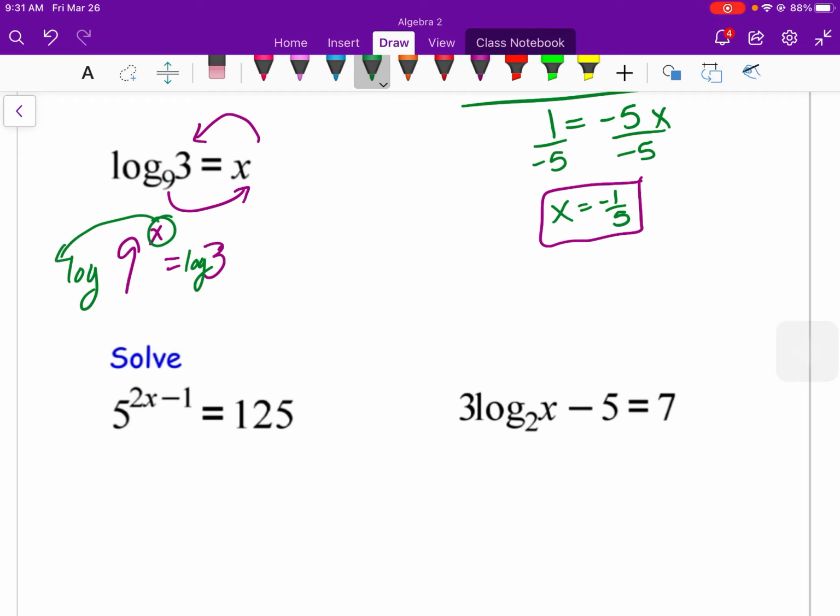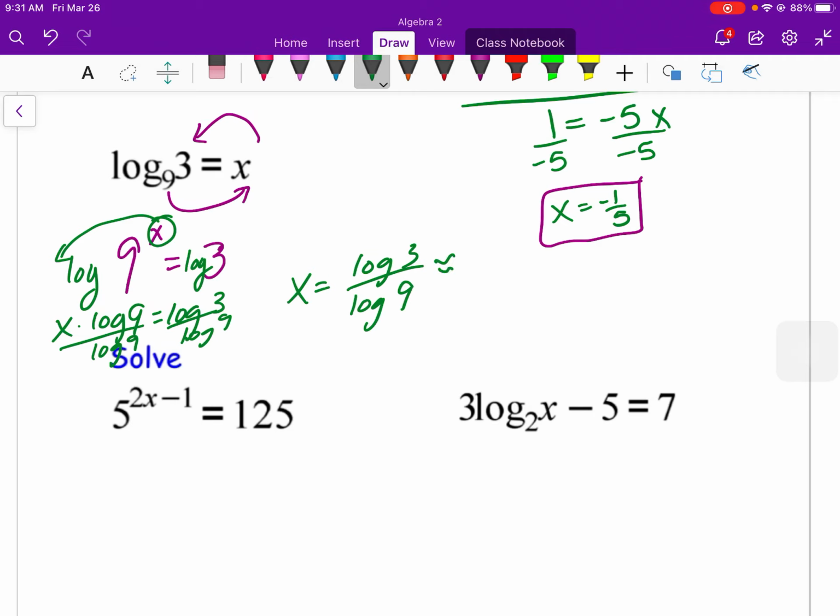So then the exponent comes out front. So it'd be x times the log of 9 equals the log of 3. And then divide both sides by the log of 9. So you get x equals log of 3 divided by the log of 9. And you could plug that into your calculator to get a decimal approximation if I asked for it. You could also use the change of base formula. So remember that formula says it's the log of 3 over the log of 9, which is what we got.